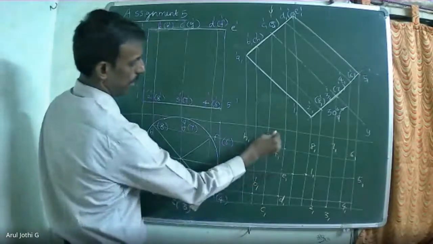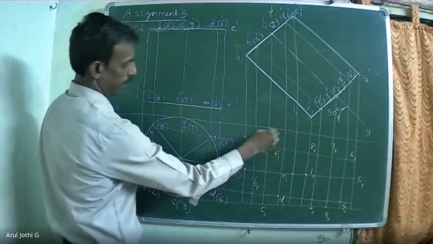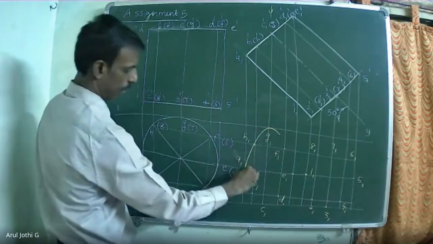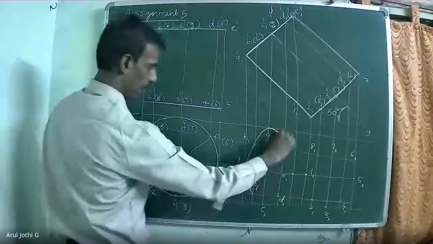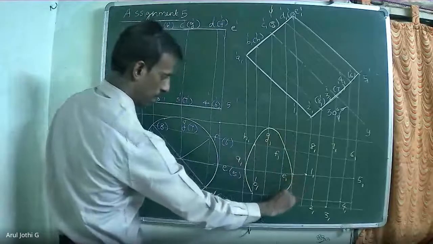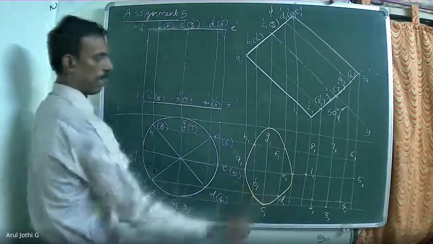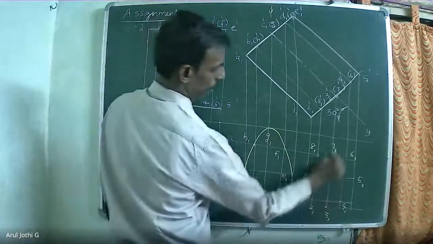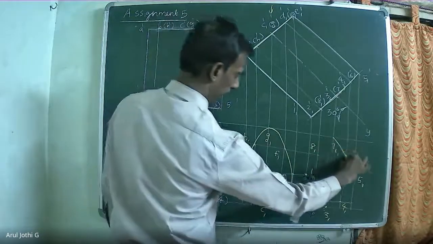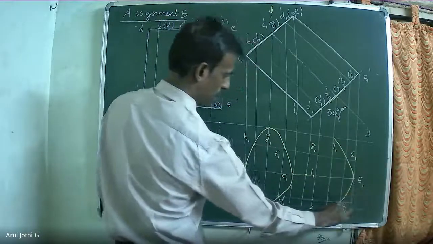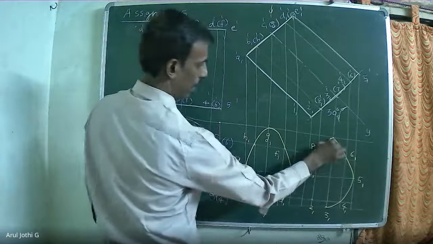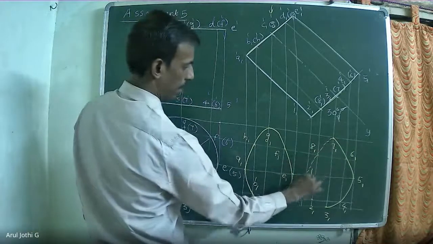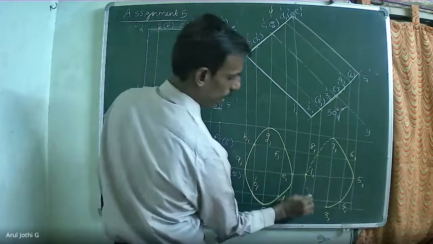So join all the circumference points in the top view as a visible line. For 1, 2, 3, 4, the outer profile will be visible. Inner profile will not be visible.